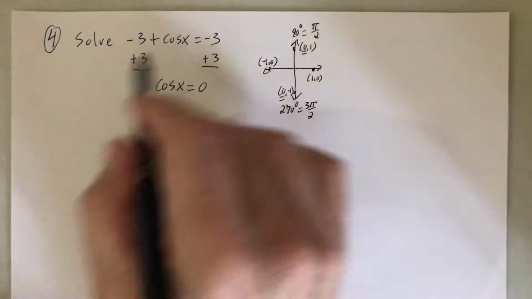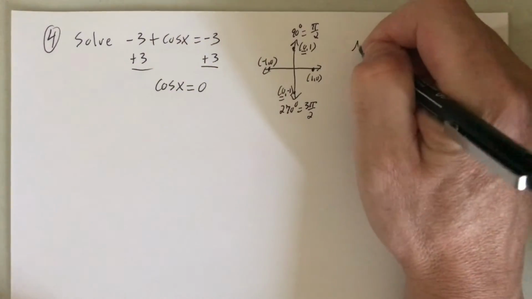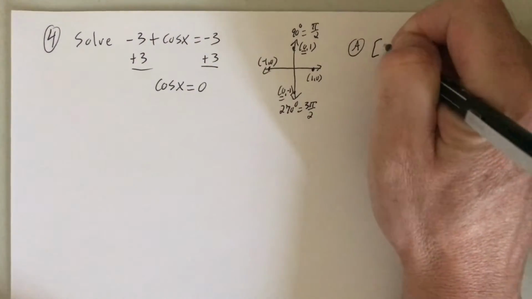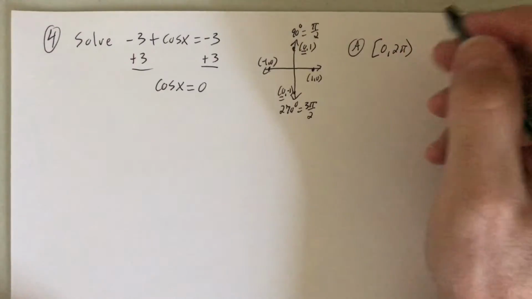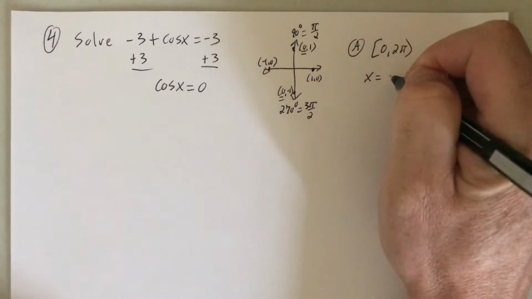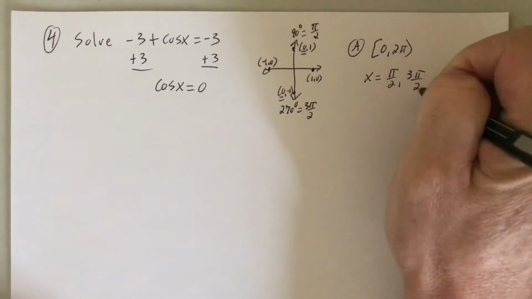I didn't specify our interval when we were solving it, so we'll say the interval is from 0 to 2 pi. Then x is equal to pi over 2 and 3 pi over 2.